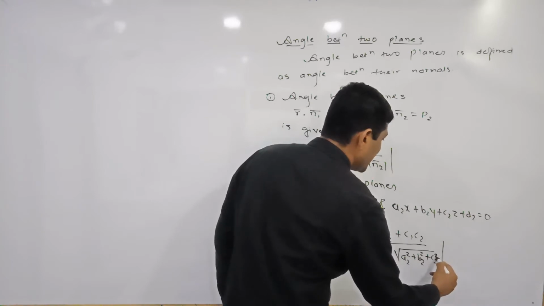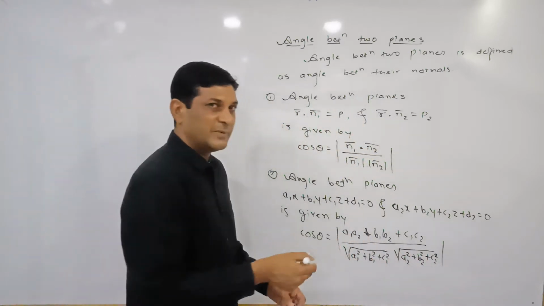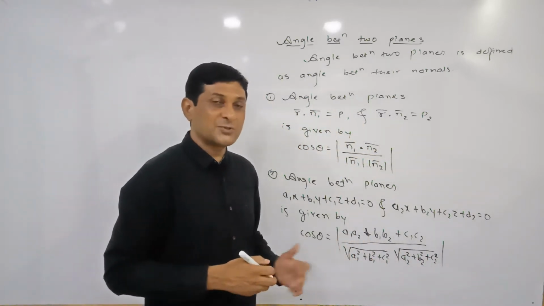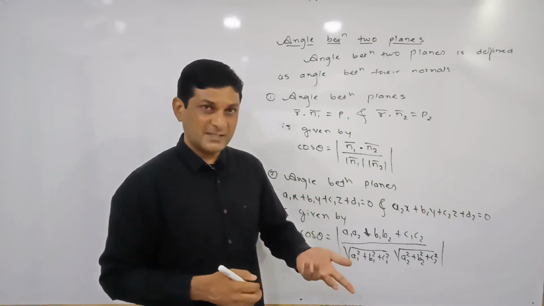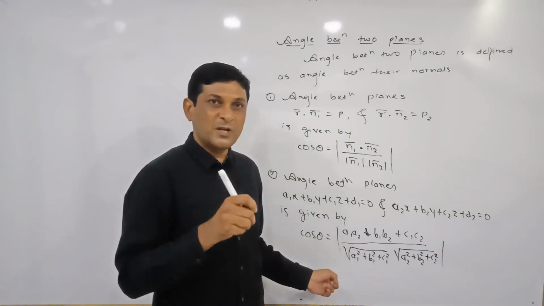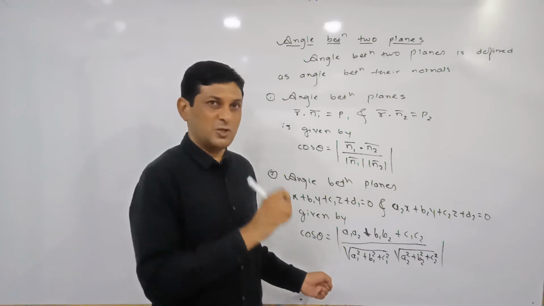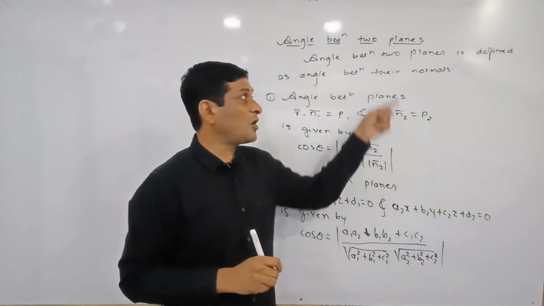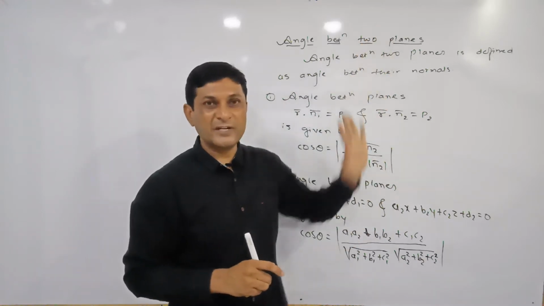Applying this formula, we find the angle between two lines. But here these two lines are nothing but the normals. So applying this formula, we get the angle between the normals, and the angle between the normals is nothing but the angle between the two planes.